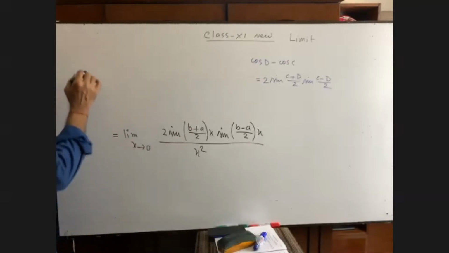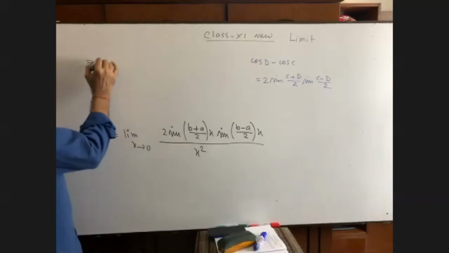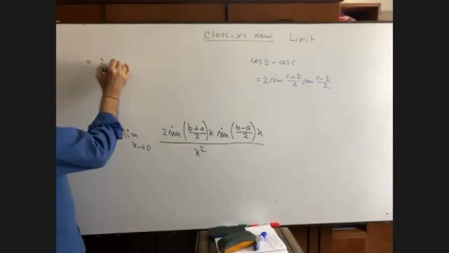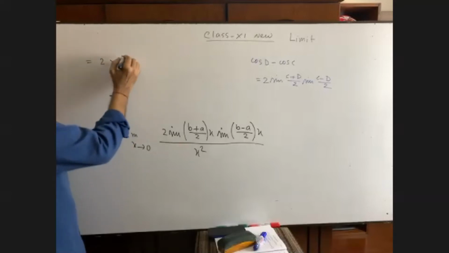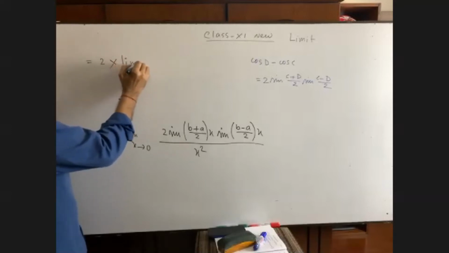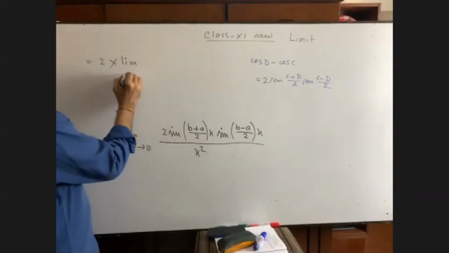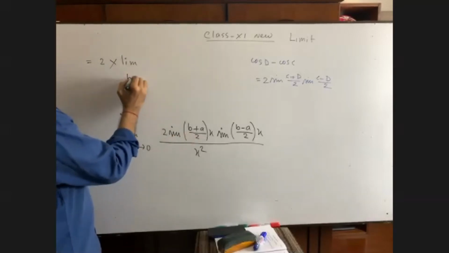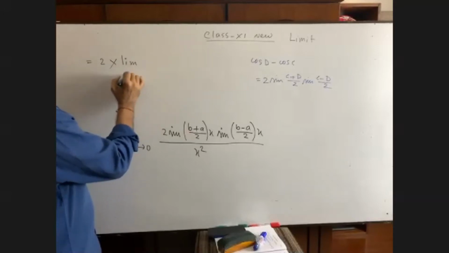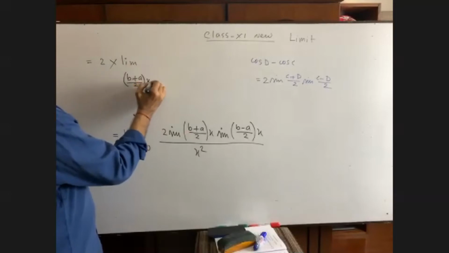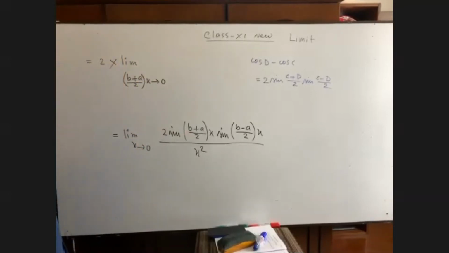Suppose this is 2, I can write here at first 2 into limit, pay attention here. 2 limit, (b plus a) x by 2 tends to 0, it is theta, right?